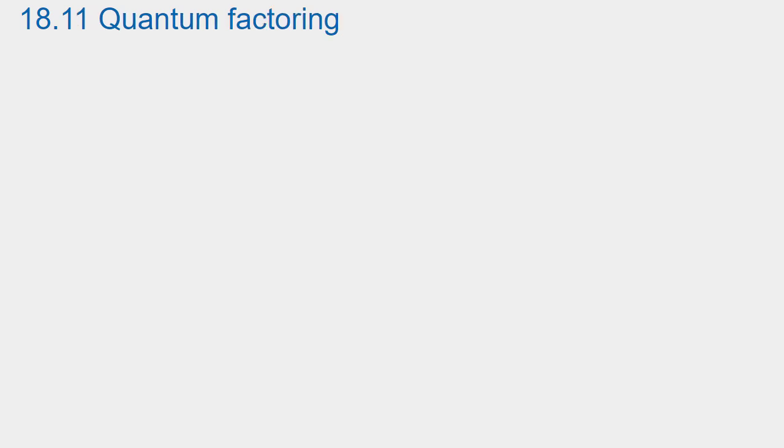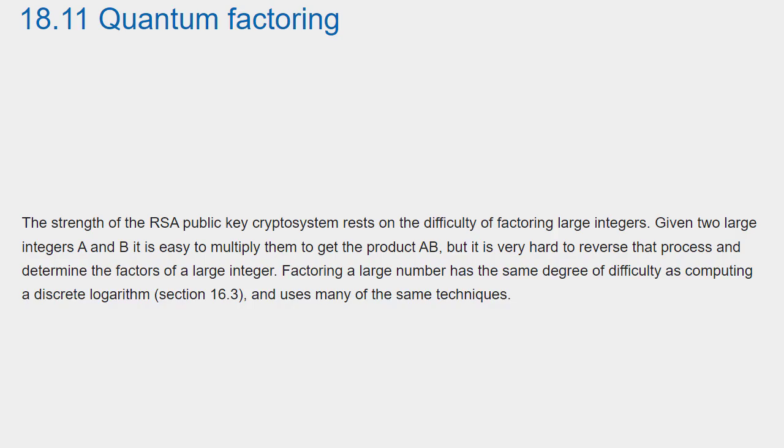Section 18.11 Quantum Factoring. The strength of the RSA public key crypto system rests on the difficulty of factoring large integers. Given two large integers a and b, it is easy to multiply them to get the product ab, but it is very hard to reverse that process and determine the factors of a large integer.